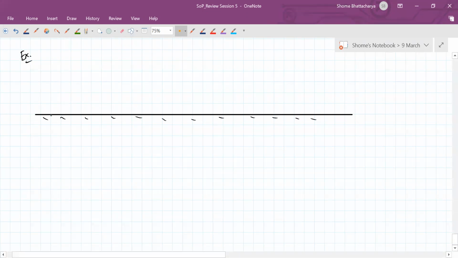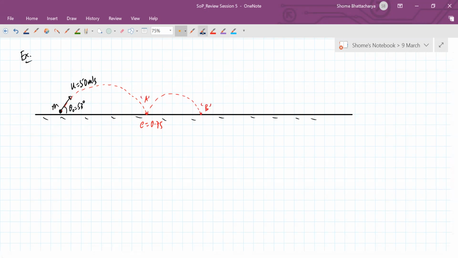Let us say we have an example of a particle fired at a speed of 50 meters per second at an angle of 53 degrees to the horizontal, and it makes an impact here with a coefficient of restitution of 0.75, and thereafter it bounces like this. It first bounces at the point, let's say A, and then the second bounce happens at the point B.